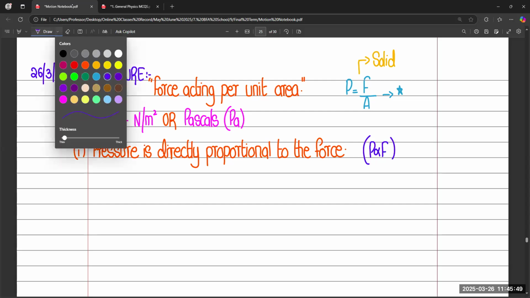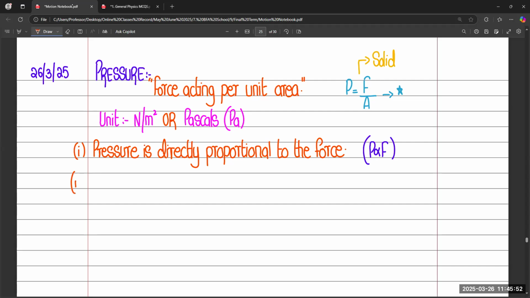Second, pressure is inversely proportional to the area.